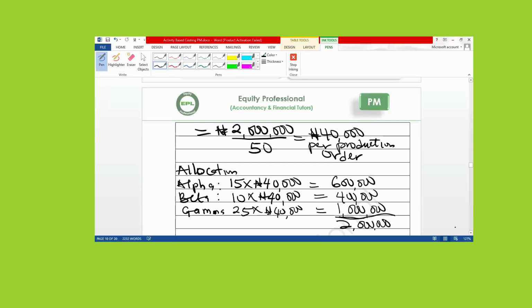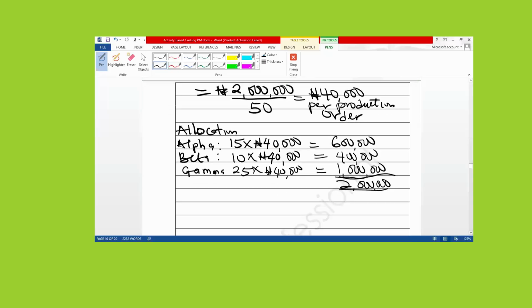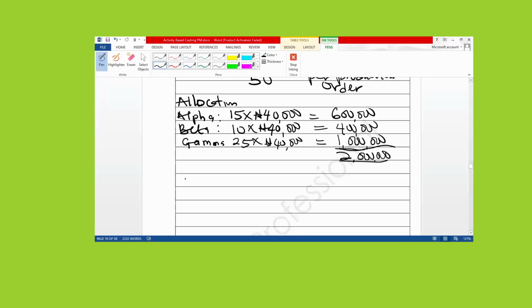Then the last one, engineering cost driver rates.